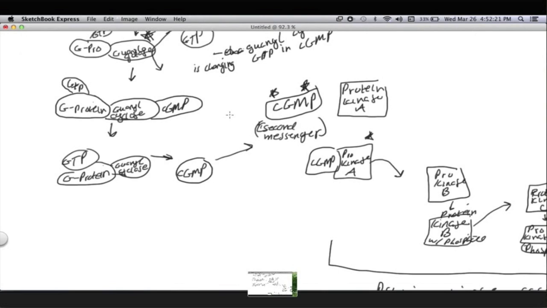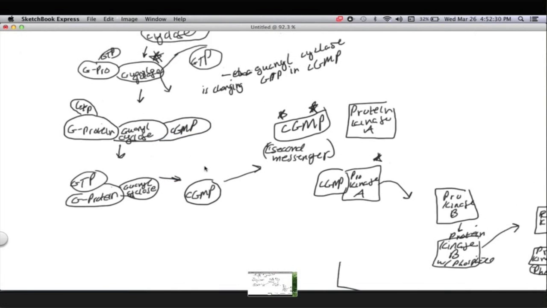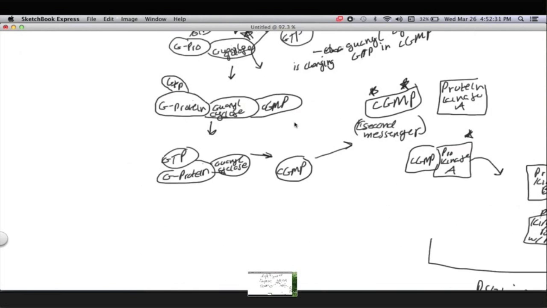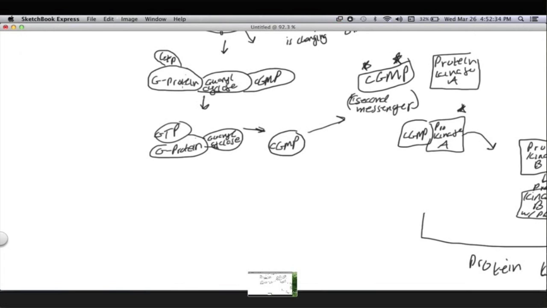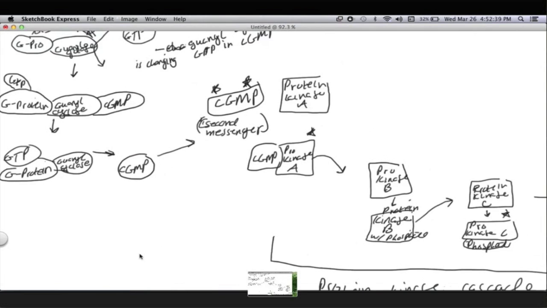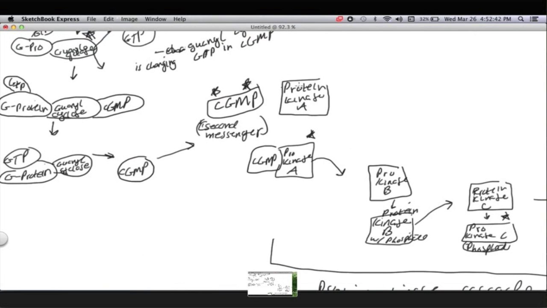Okay, so then what does the cyclic GMP do? Once the cyclic GMP is attached to the G protein, the guanyl cyclase, the cGMP is going to detach, and then the cGMP is going to attach to a protein kinase. So we'll say A. Good.